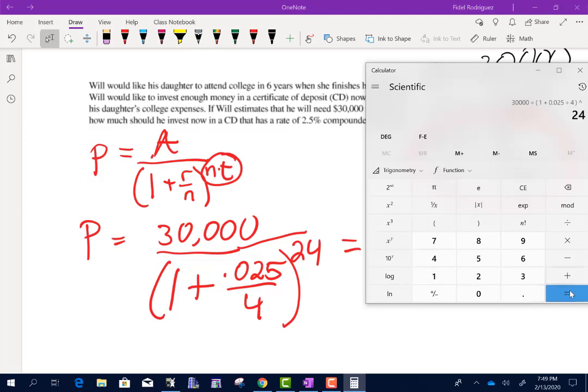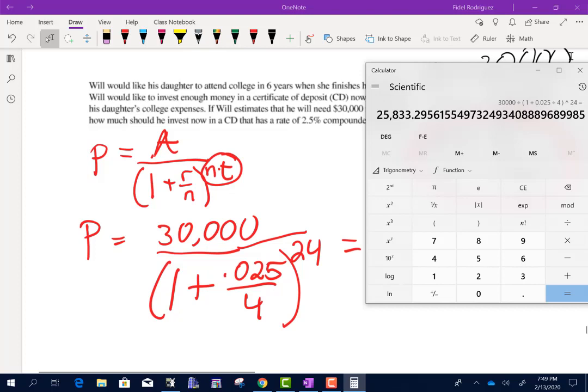I'm going to hit equals, and the amount of money that we're going to need today is $25,833, and if I'm going to round this to the nearest penny, guys, because to the right of that 9 is a 5, it's going to bump that up, so that 29 is going to become a 30.